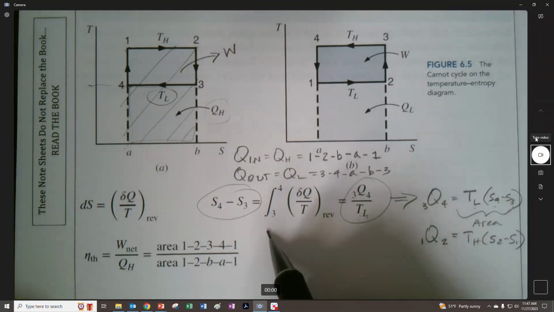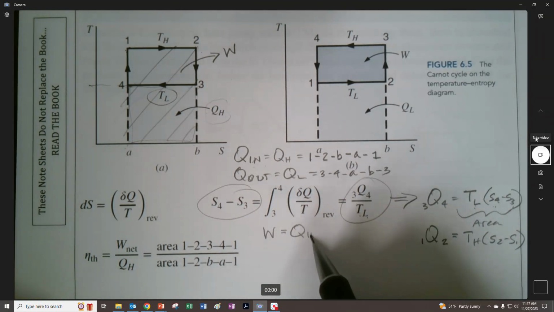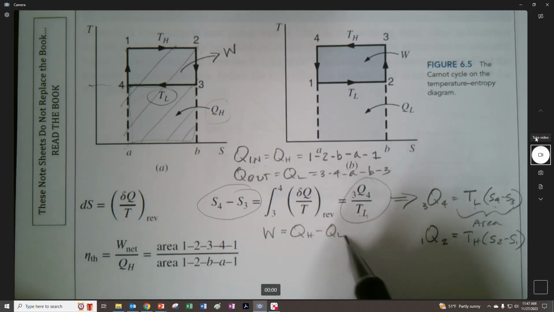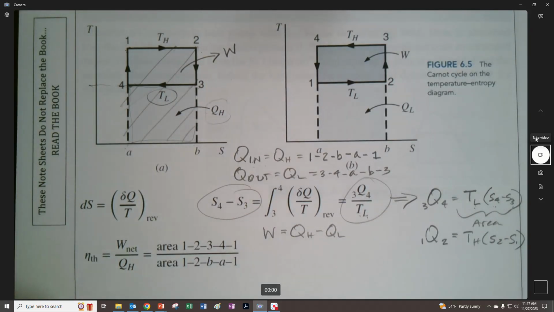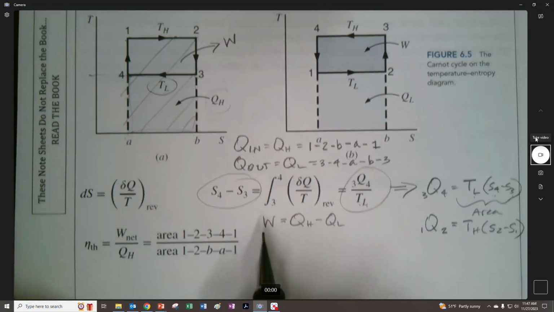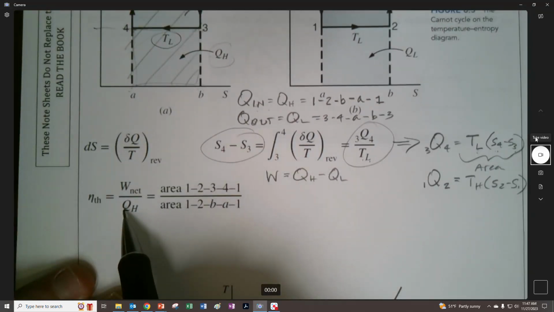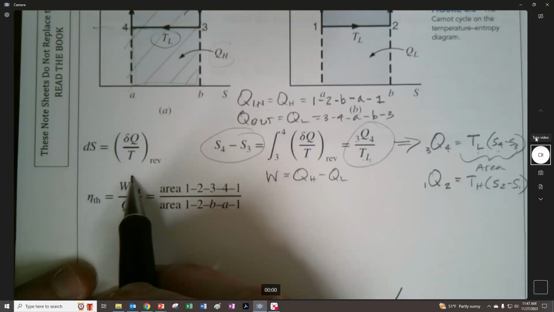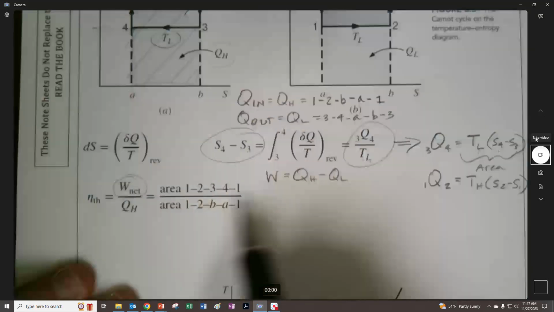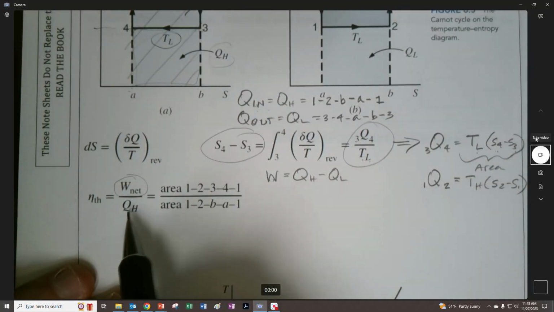And that the work is going to be equal to QH minus QL. So as an efficiency, we have what we want, net work, divided by QH.